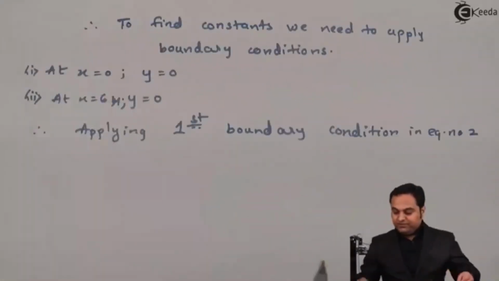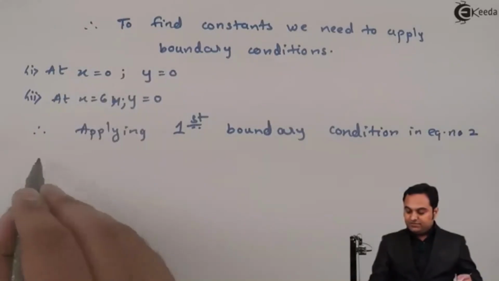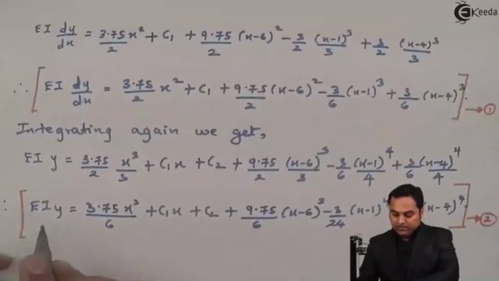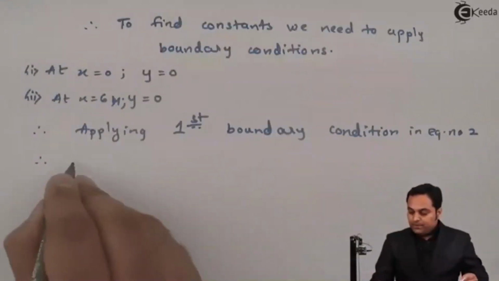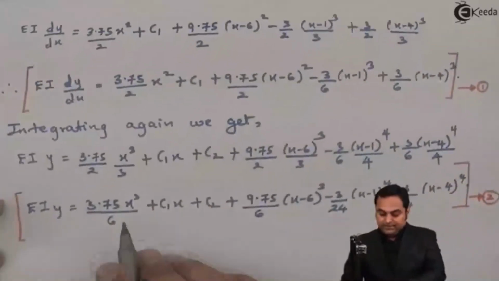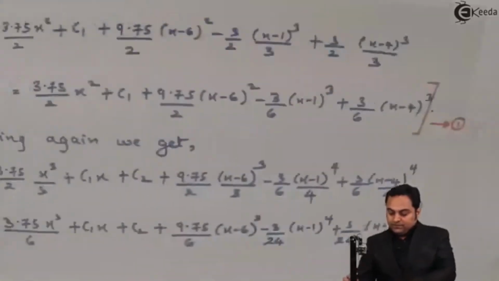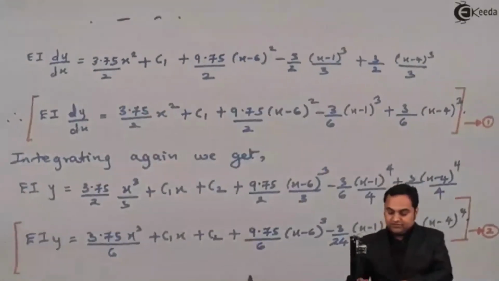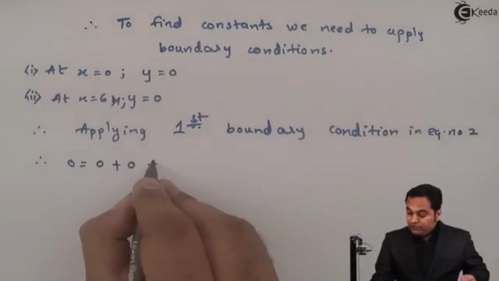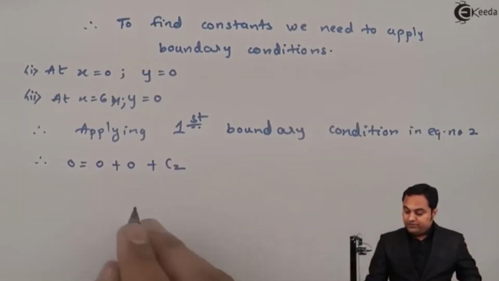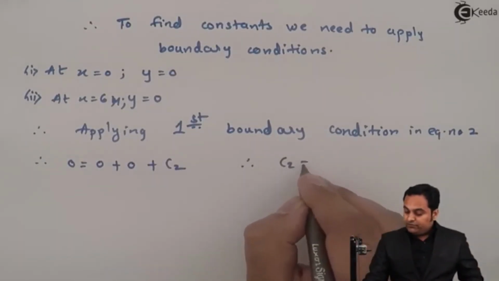The first boundary condition is at x equal to 0, y is 0. So here we have y 0, so left hand side 0 is equal to x is 0, so this first term is 0, plus C1 into x, this is 0, second term is 0. We have to reach only up to C2 for the first boundary condition, so therefore C2 is 0.